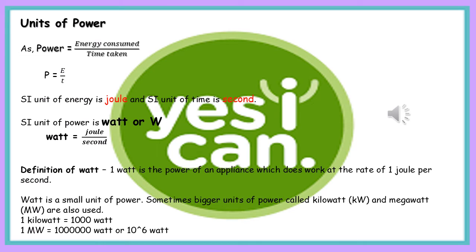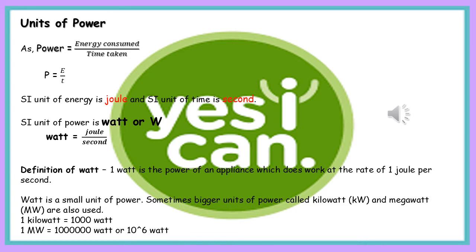Now, what are the different units of power? As we know, power is equal to energy consumed by time taken, or P is equal to E by T, and we also know that the SI unit of energy is joule and the SI unit of time is second.